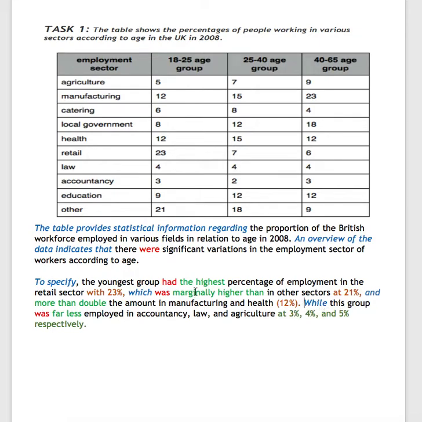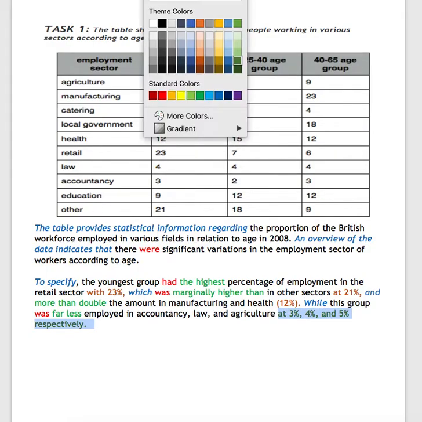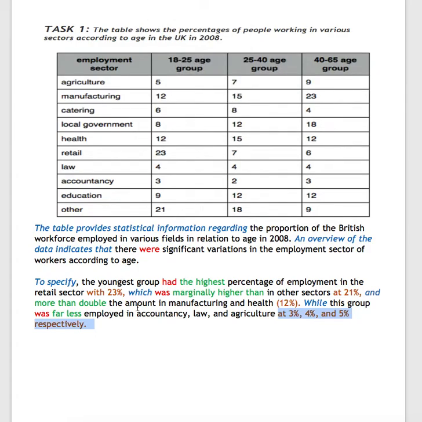While this group was far less employed in accountancy, law, and agriculture at 3, 4, and 5% respectively. Okay, good. So what we've done there is just talk about the last 4 groups in one sentence. Accountancy, law, agriculture.